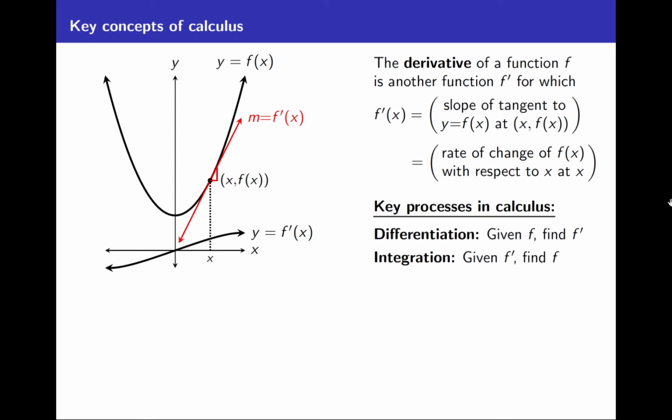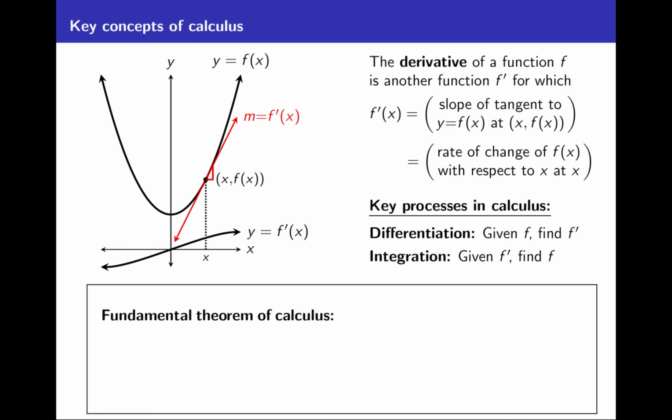Now the other process is the opposite of that. Given f prime, the rate of change of f, find f. And we'll come up with lots of rules to do that. That's called integration. So the processes of differentiation and integration are opposites of one another. And we'll spend a lot of time in this course talking about them.